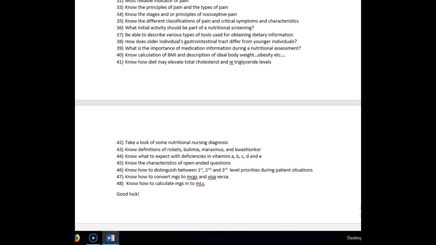And then, I think at the bottom of the study guide, we know about micrograms to milligrams and milligrams to micrograms, converting them, and know how to calculate milligrams into milliliters.